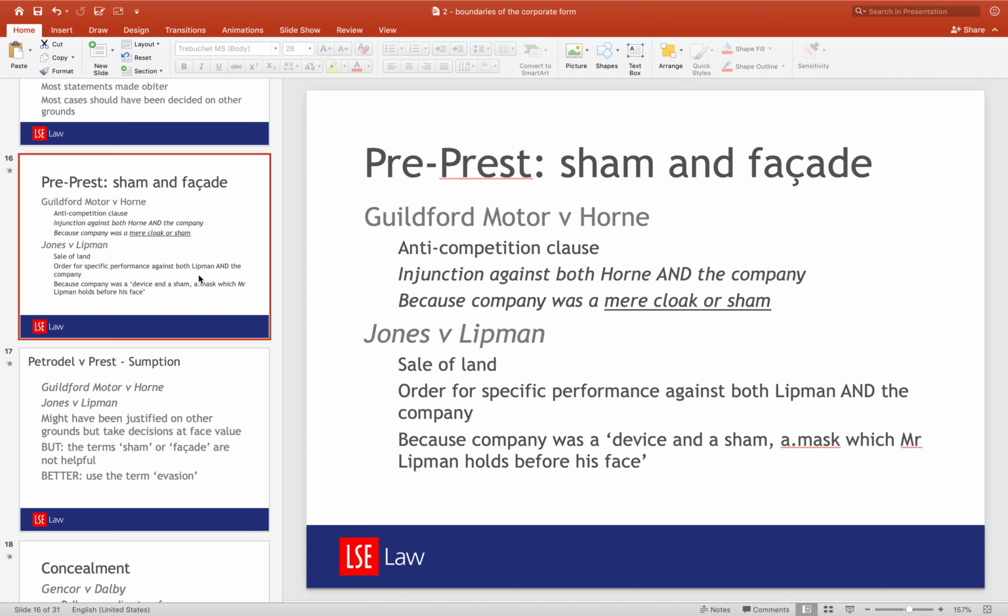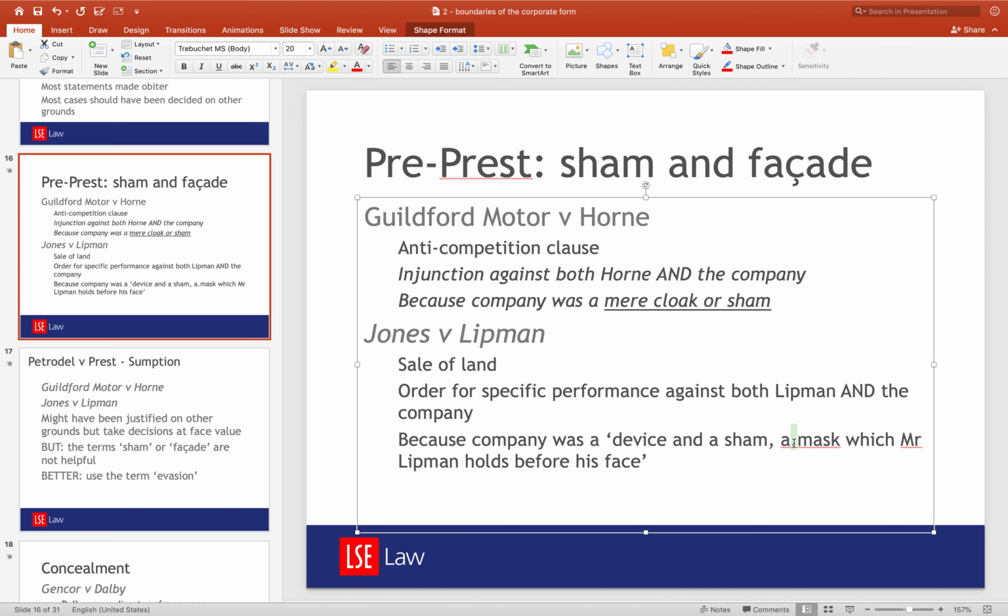And that was because the company was a device and a sham, a mask, which Mr. Lipman held before his face. So we can see in both cases the language of sham and facade or cloak were used.